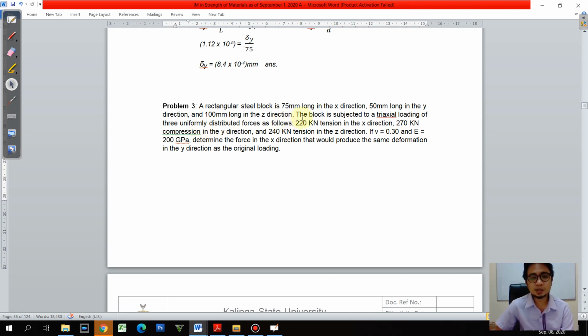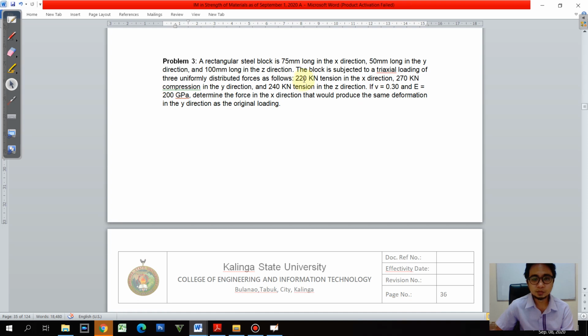So all of the axis will be having a force. So meron tayong 220 in the X direction, that is elongation or tension. 270 along the Y direction, and that is shortening or compression. And 240 kilonewton in the Z direction, or that is stretching. So given here the Poisson's ratio as well as the modulus of elasticity, determine the force in the X direction that would produce the same deformation in the Y direction as the original loading.